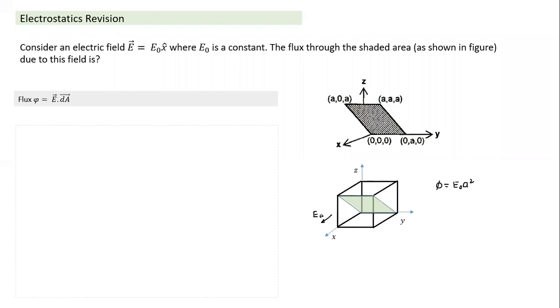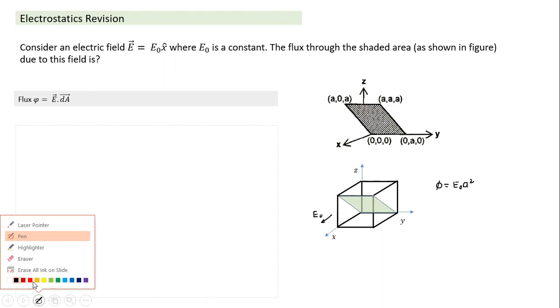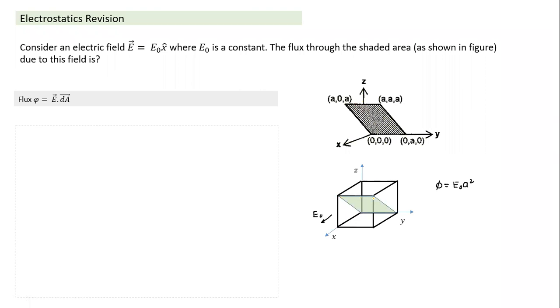What is the other way to understand? If I want to use Gauss law to find the flux through this shaded area, I have to make a closed surface. How do we make a closed surface so that I can apply Gauss law? This is one surface.